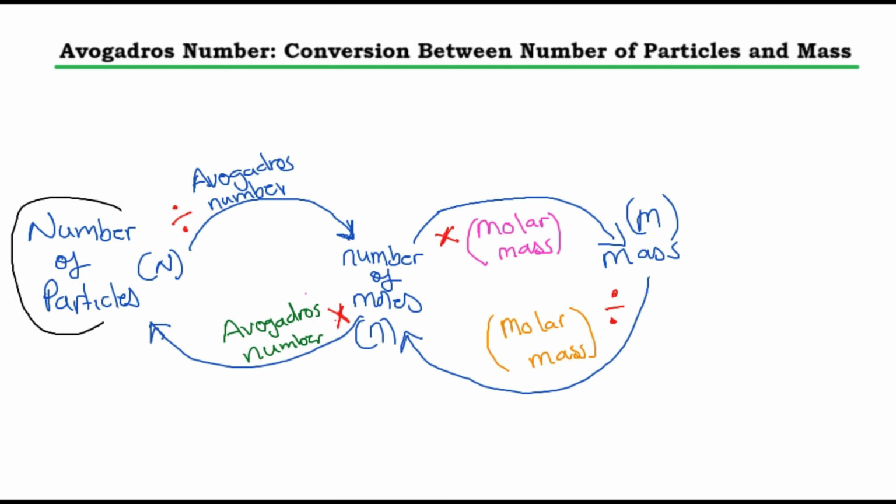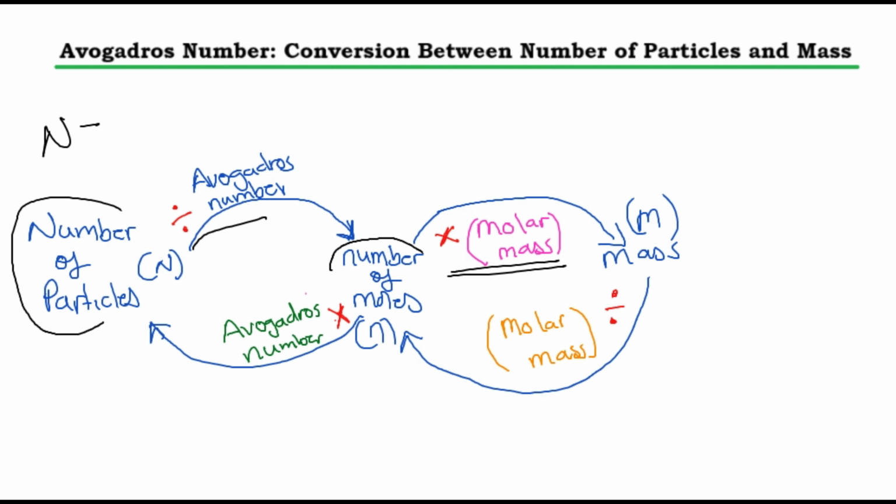And now, once I get to the number of moles, if I want to get to the mass, I'm going to multiply the number of moles by the molar mass of that compound or element. So first, divide the number of particles by the Avogadro's number, you get the number of moles. Then, once you get the number of moles, you multiply by the molar mass.